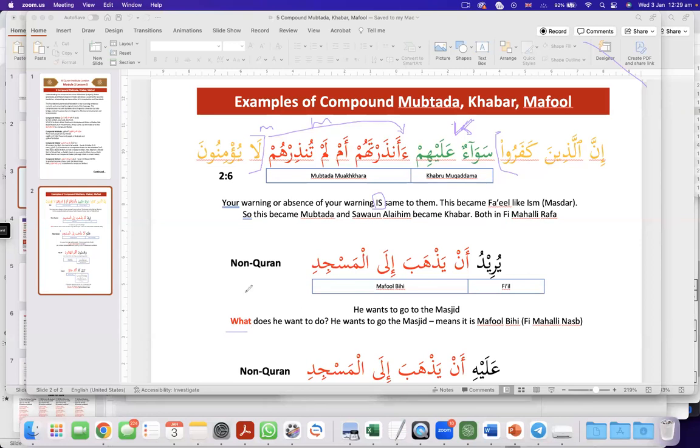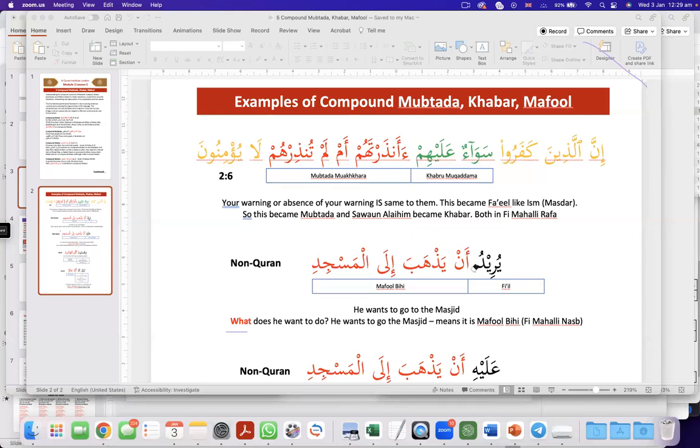What is the importance of an over here? Is it for emphasis? Because you could also say yuridu yadhhaba ilal masjidi. What is the function of an as opposed to it not being there? That is something I don't want to discuss now, sister, because it will be coming in chapter 4 or 5 very soon, inshallah.